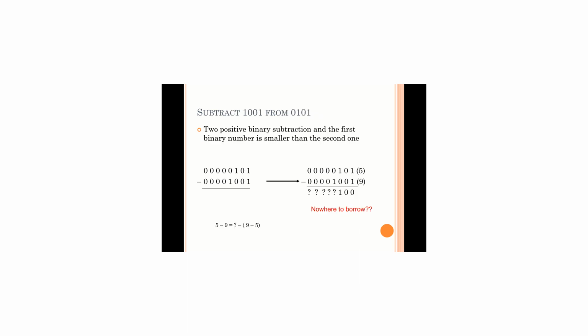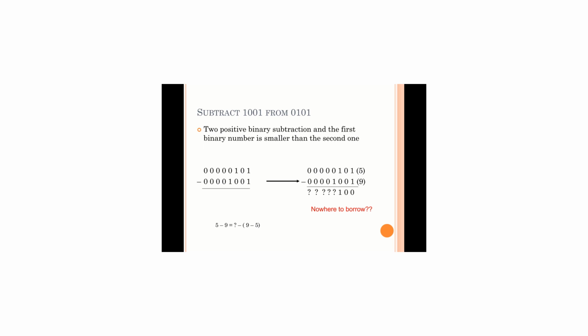What if I'm subtracting a bigger number from a smaller number, and it's going to result in a negative number, right? Now, this is going to be tricky because when you do 0 subtract 1, you need to borrow, right? But the rest of the digits to the left are all zeros, so there's nowhere to borrow, right?